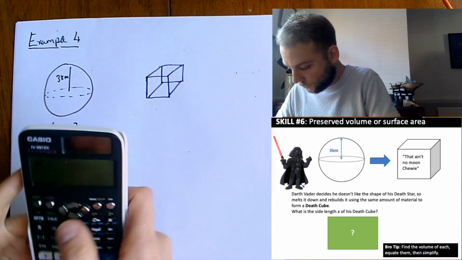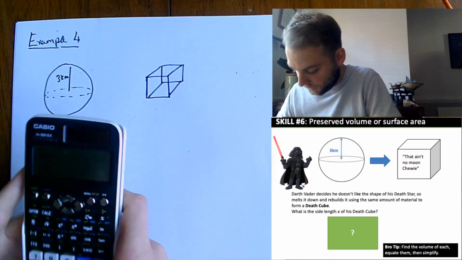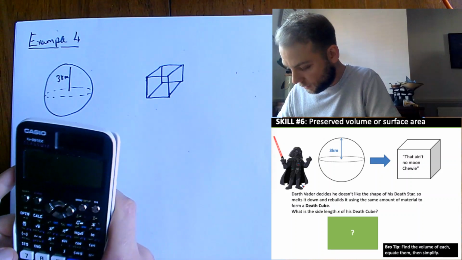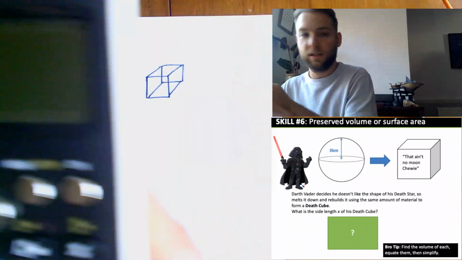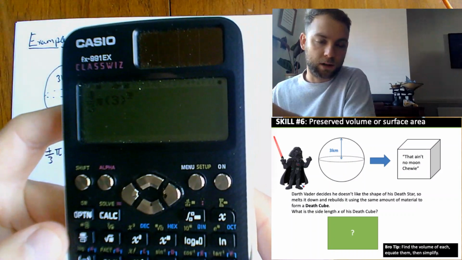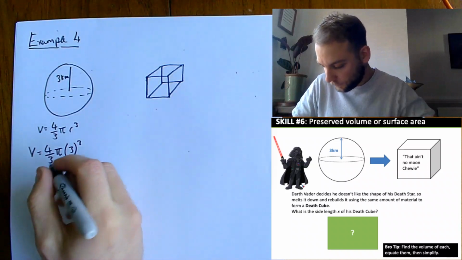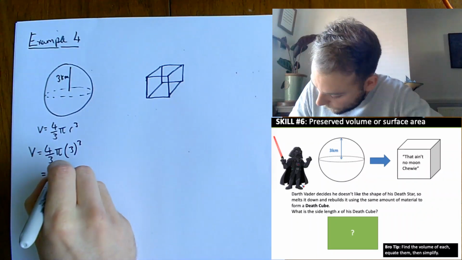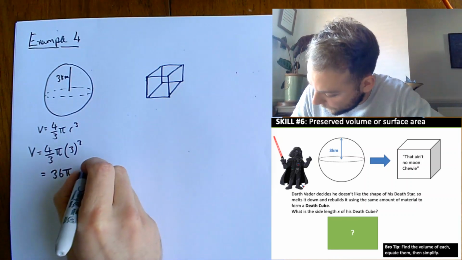So, fraction button, 4/3 times pi times by 3 cubed. There we go, which is equal to 36 pi. I'm going to keep it as 36 pi for now, just because it's more accurate.